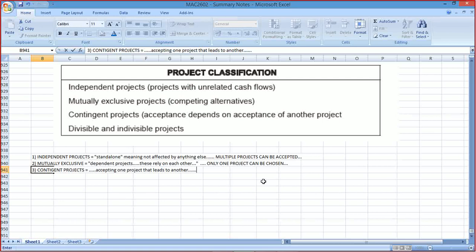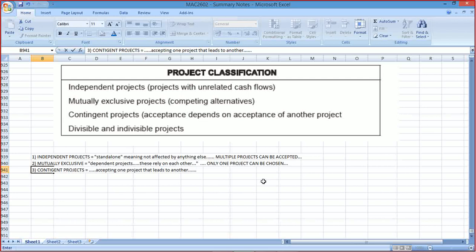So a contingent project in terms of cameras: if I buy a camera that has VR capability, that would open up the door for buying other equipment related to 3D videos, virtual reality.